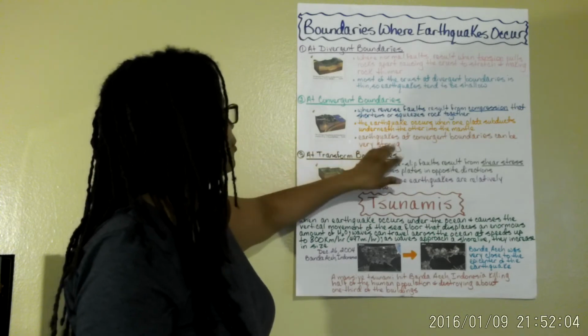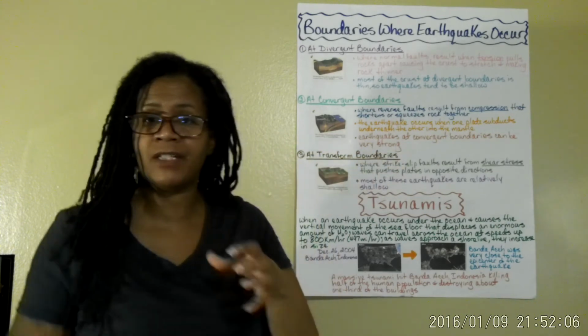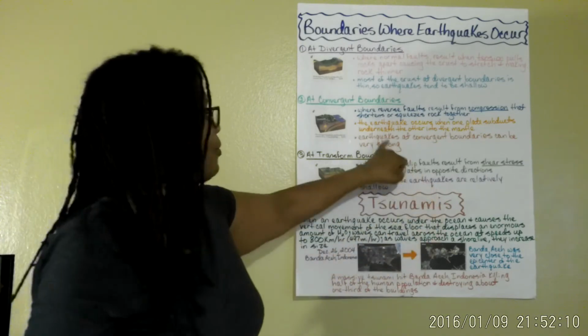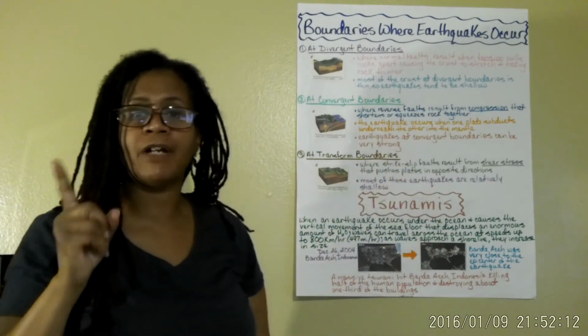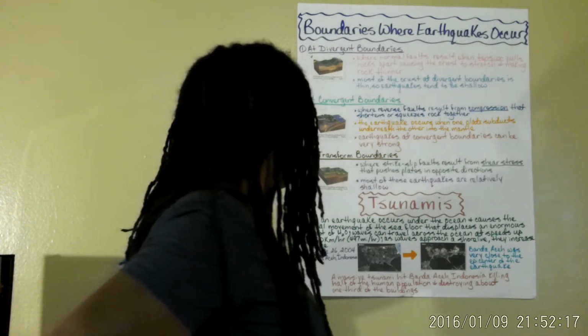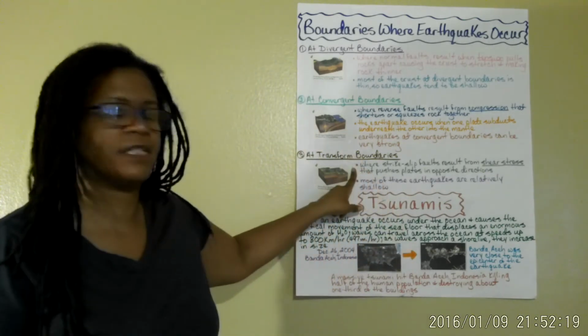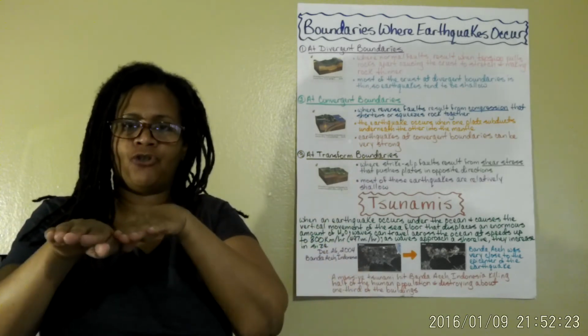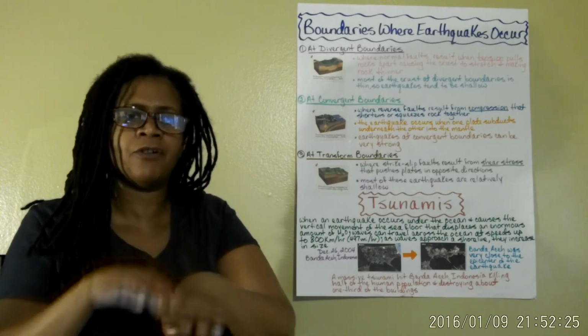And it says earthquakes at convergent boundaries, where that collision, compression occurs, earthquakes at that boundary can be very strong, okay? And then there are transform boundaries. Transform boundaries, remember that's where they scrape up against each other.